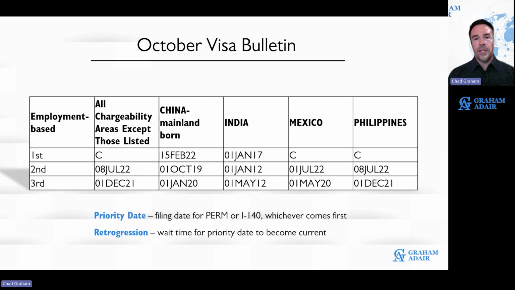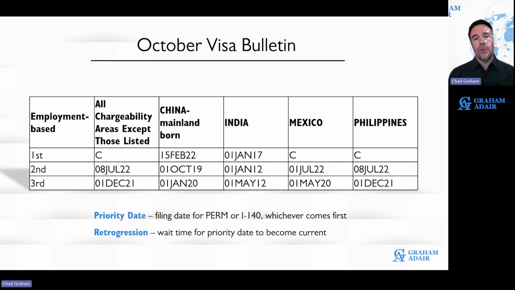The categories that list a C mean current, so there's no wait there. But I was talking earlier about the second preference category for all other countries. So let's say you're from Germany in the second preference category, your wait there, according to this current visa bulletin, is a little over a year.